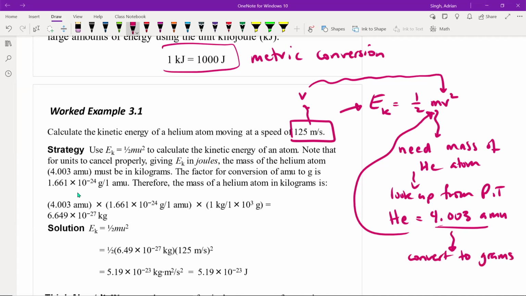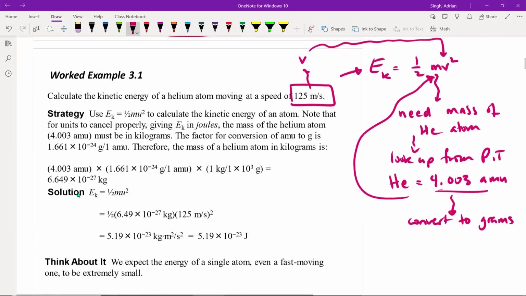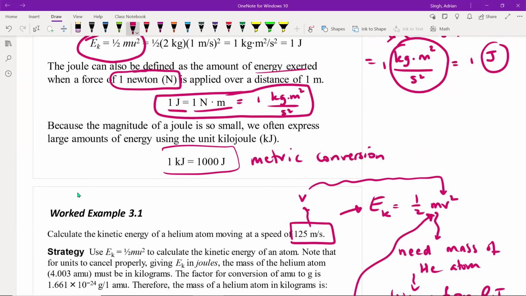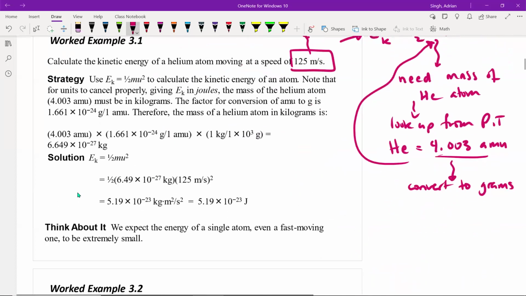And then once we get to grams, we can convert it to kilograms, which is the mass unit in the unit of energy. So that's why we want to convert the AMU to grams in the first place, so we can then convert it to kilograms.